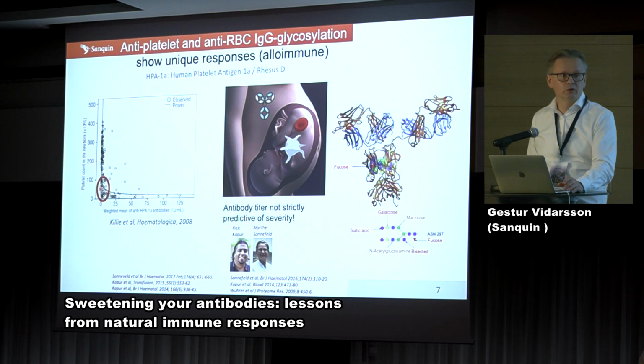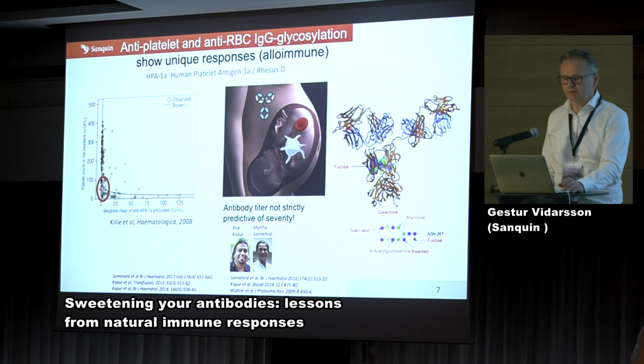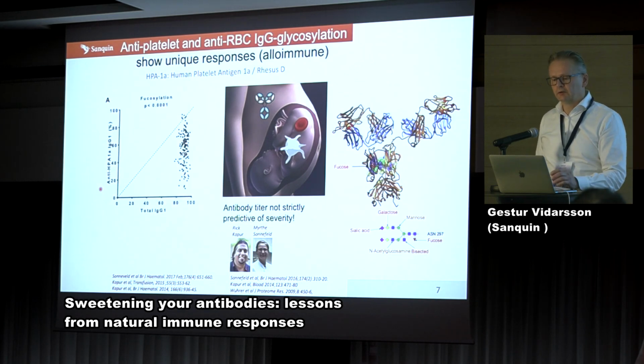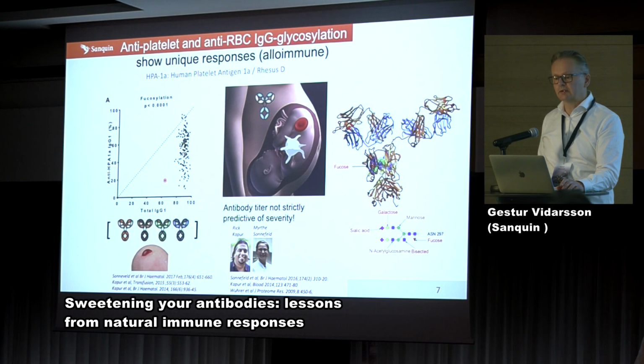So what we started to ask with Manfred was, is there something to the glycans, the most unexplored part of the antibody at the time? And would that suggest something different? And to our big surprise, we saw the specific antibodies compared to total antibody glycosylation. This is fucosylation, with total antibodies on the x-axis and specific antibodies on the y.